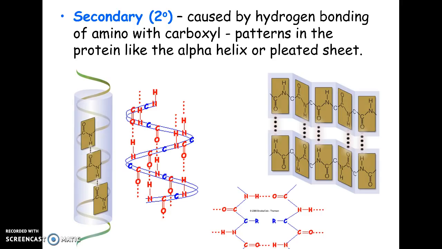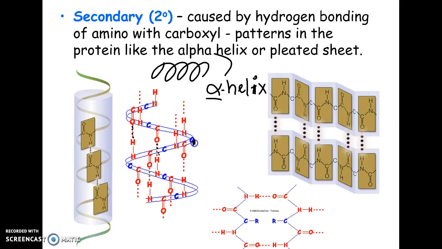There are two main kinds of patterns. One is called an alpha helix. It actually looks kind of like a curlicue. It's also written like this, alpha helix, that same Greek symbol. Again, what you see here is these little dots. These are hydrogen bonds forming. Now, this doesn't happen along the entire chain because, remember, connected to these carbons is also some kind of R group.